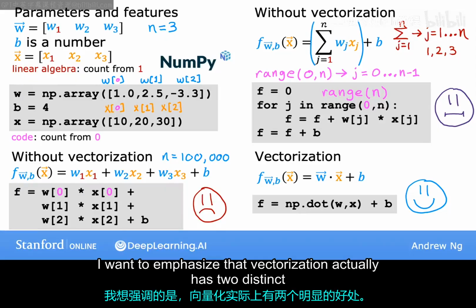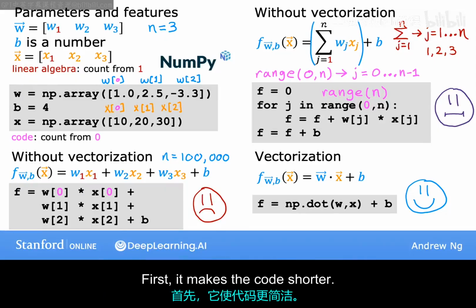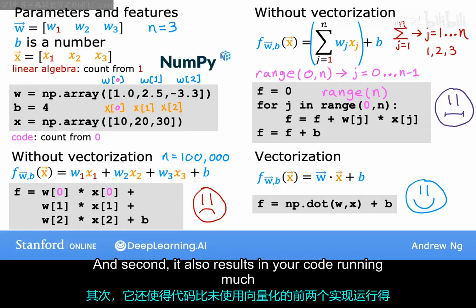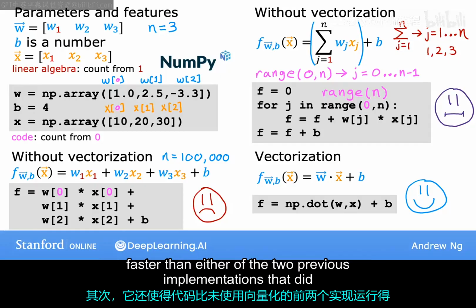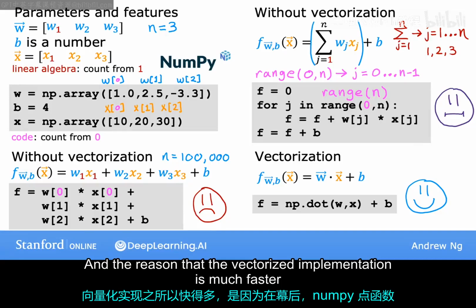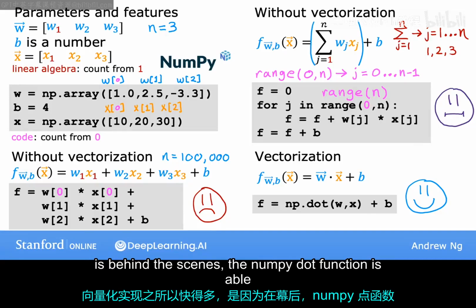I want to emphasize that vectorization actually has two distinct benefits. First, it makes the code shorter. It's now just one line of code. Isn't that cool? And second, it also results in your code running much faster than either of the two previous implementations that did not use vectorization. And the reason that the vectorized implementation is much faster is behind the scenes.